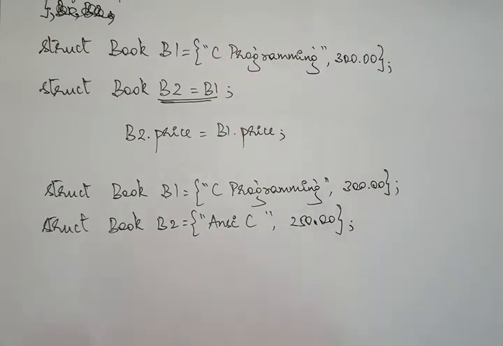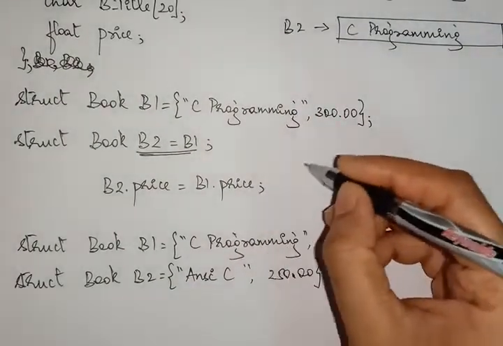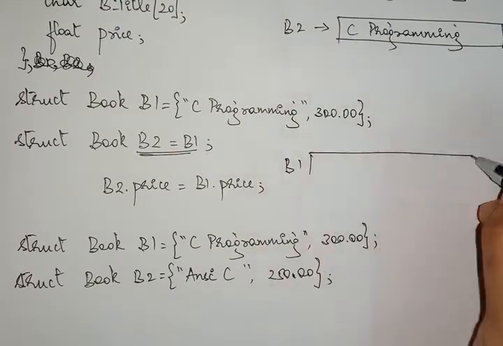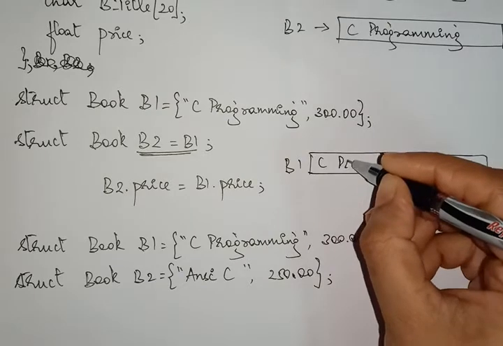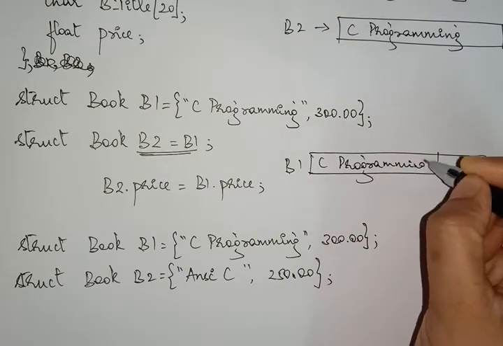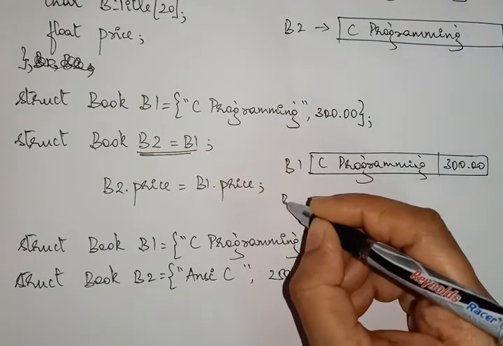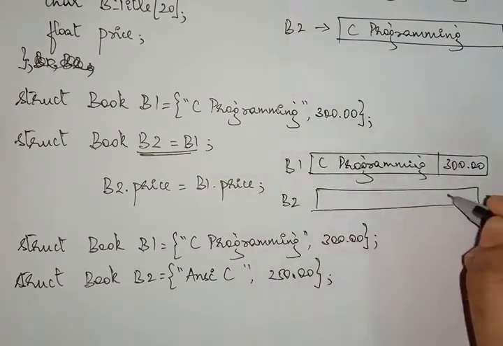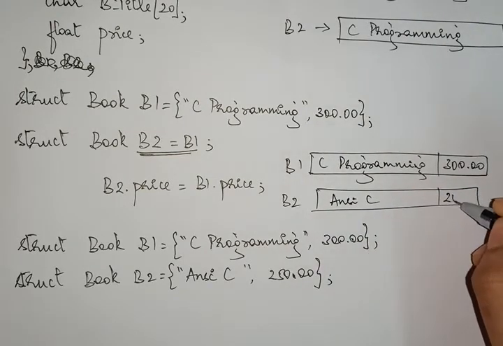So how would it look in the location? In B1 it would be like this: C programming, and the value for price is 300, and for B2 it would be CC and 250.